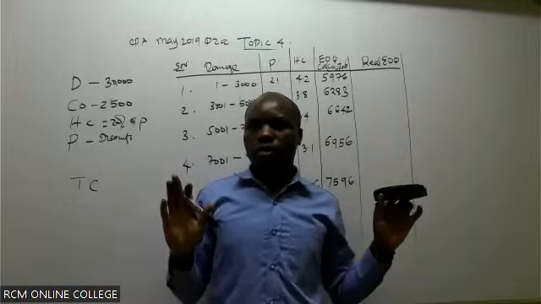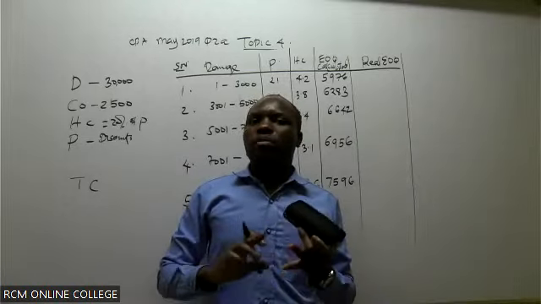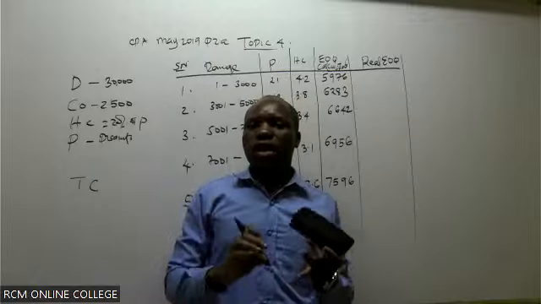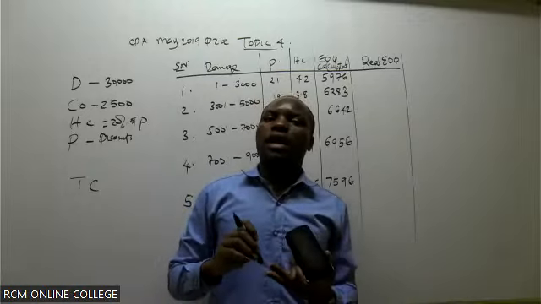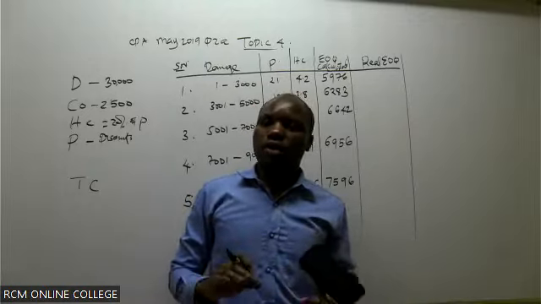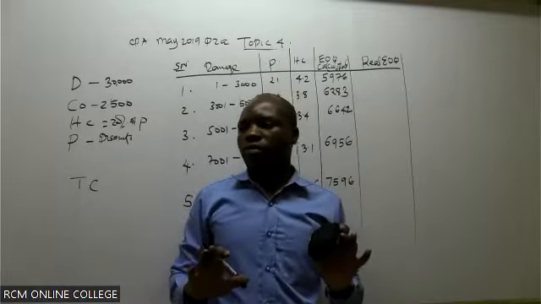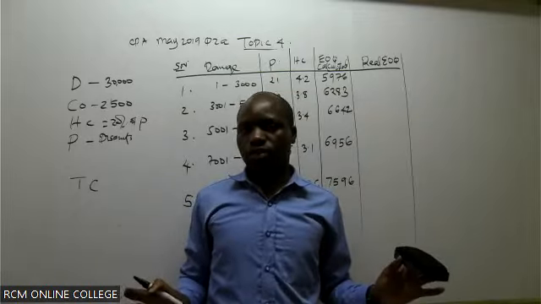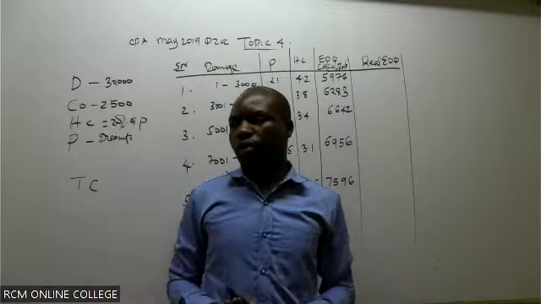That is the rule. Don't order anything below the economic order quantity, but you are allowed to order goods above it. That is what we have.